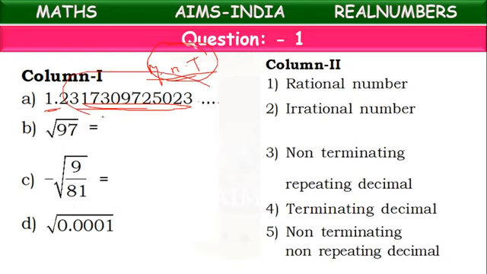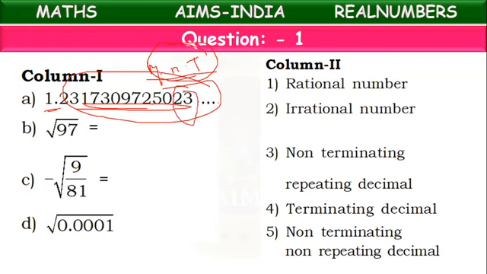It's non-terminating. Is it repeating? 2, 3, 1, 7, 3, 0, 9, 7, 2, 5, 0, 2, 3.